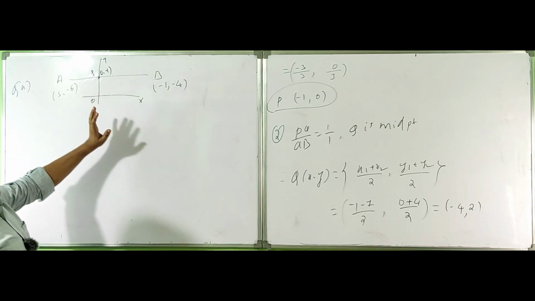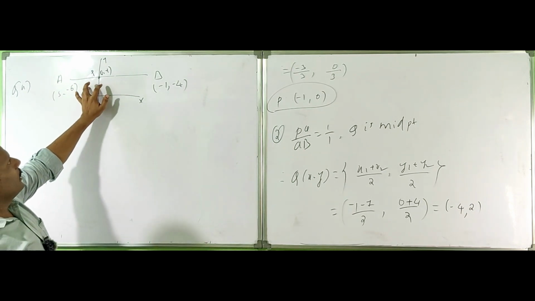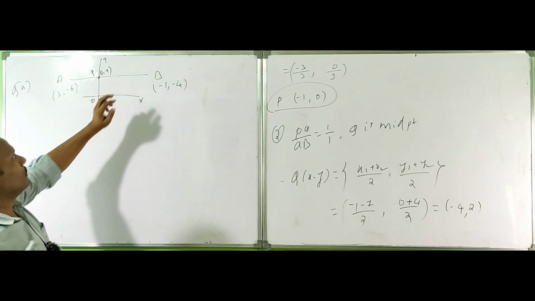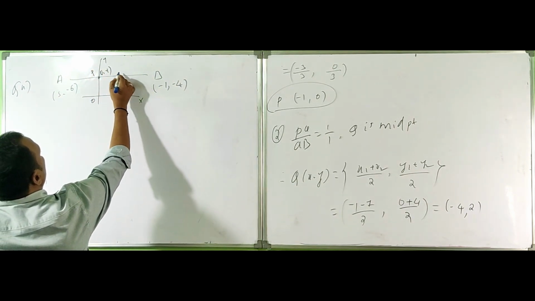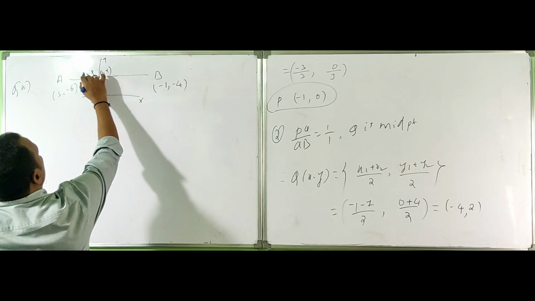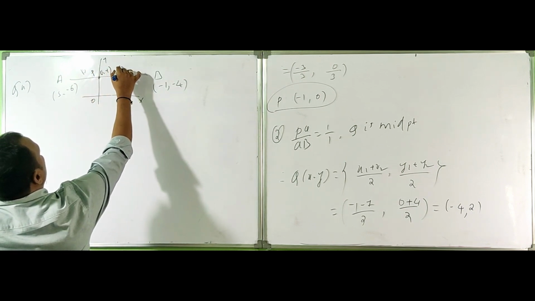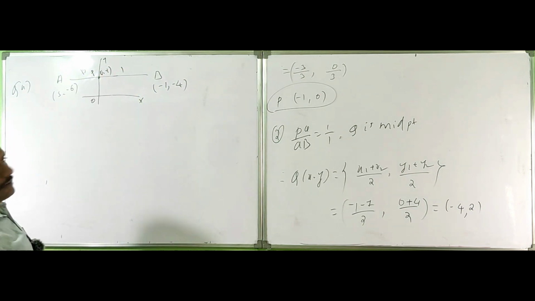Therefore, take the ratio as k:1 for simplification.